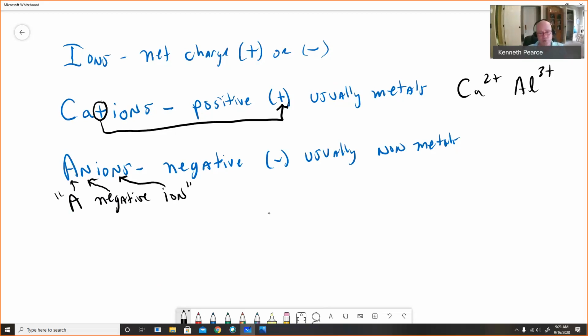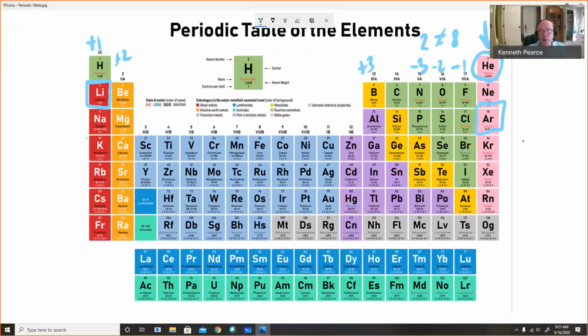Now, just to remind you where the metals and non-metals are, everything to the left of that yellow zigzag staircase is a metal. And everything up and to the right is a non-metal. Everything to the left and down of that staircase is a metal.